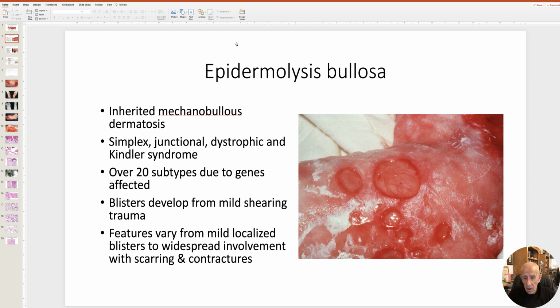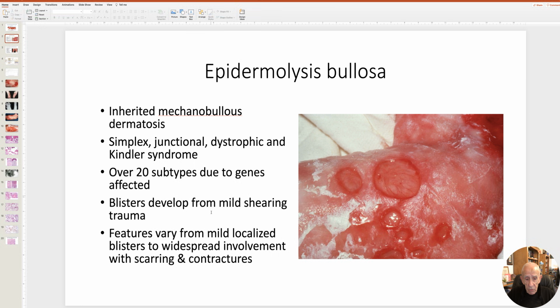But if you characterize the disease further by the genes affected, by the distribution of lesions, whether or not there's mucosal involvement, and so on, there are about 20 subtypes. But I don't really want to get into that too much. I just want to make this talk about the tumors.